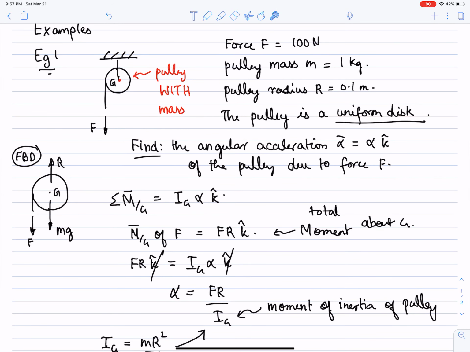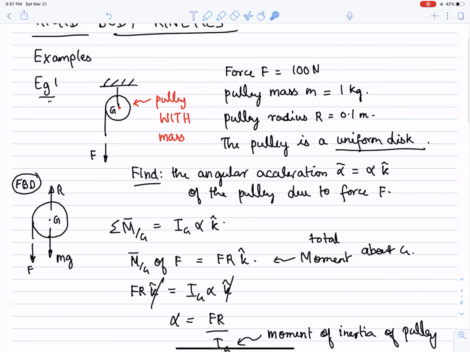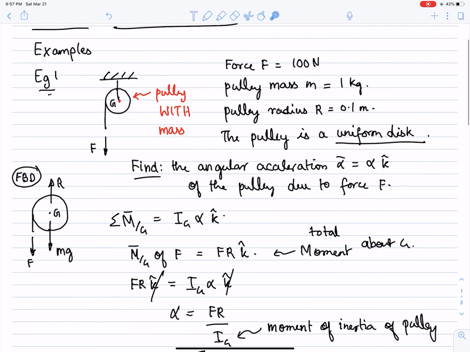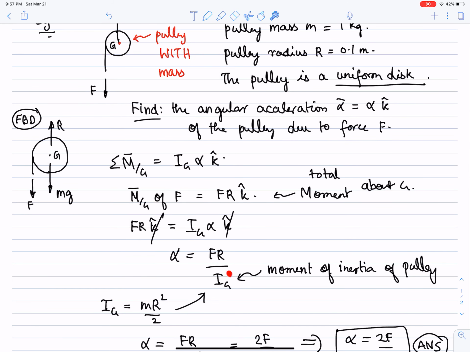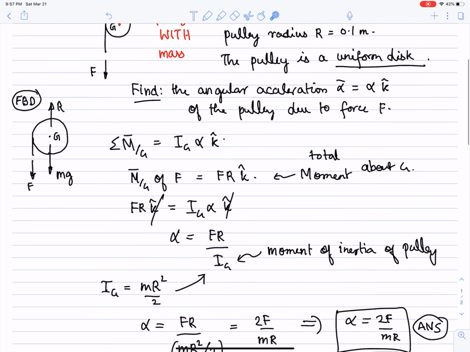So there's a pulley, and the pulley now has mass. A force acts on the pulley, and the pulley rotates because of the moment produced by the force. That angular acceleration is the moment produced by the force, which is Fr, divided by the moment of inertia, which is mr squared by 2.